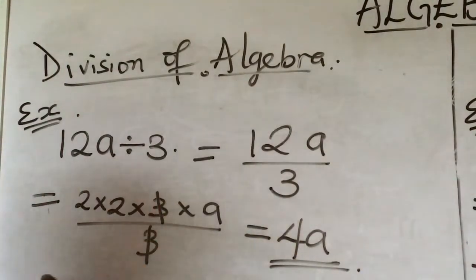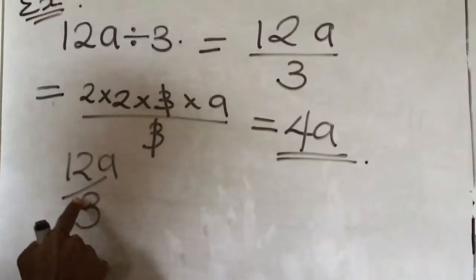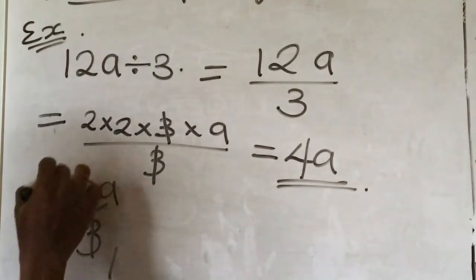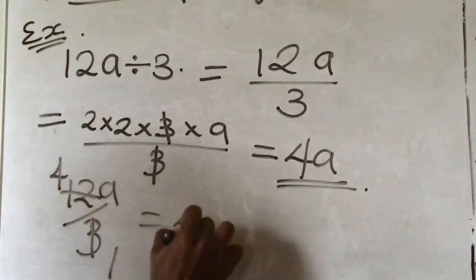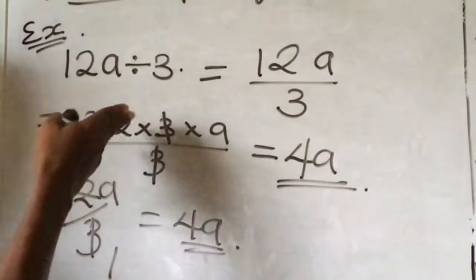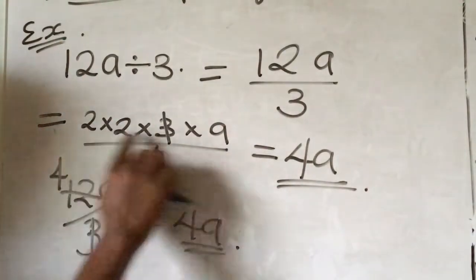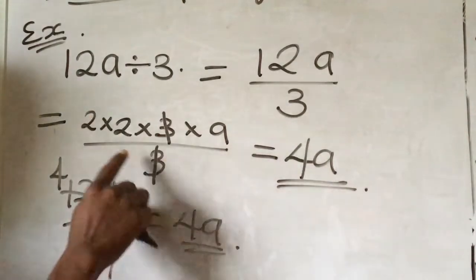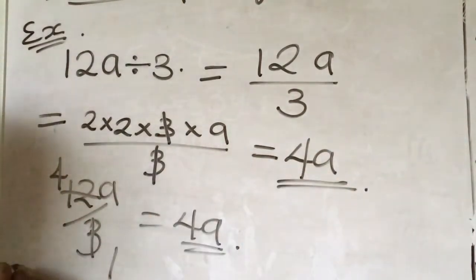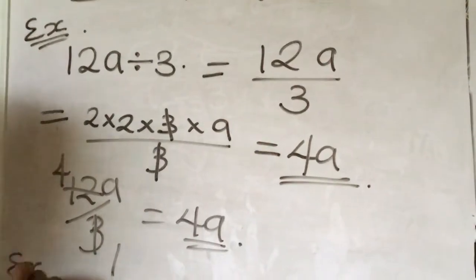I could simply have divided straight, 3 here 1, 3 here 4, and it gives me 4a. It's the same thing, okay? But just for explanation sake, I had to go through this way for you to understand what exactly happened that gave us 4a.